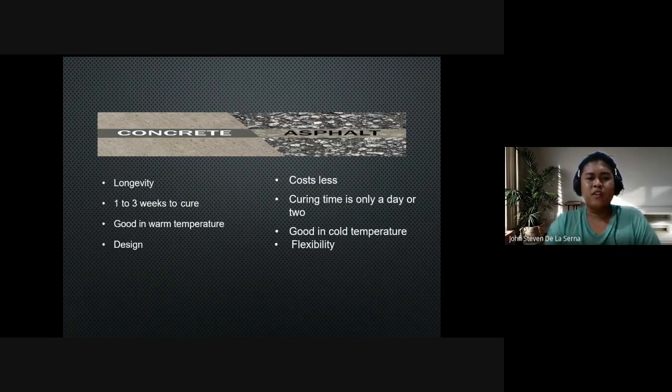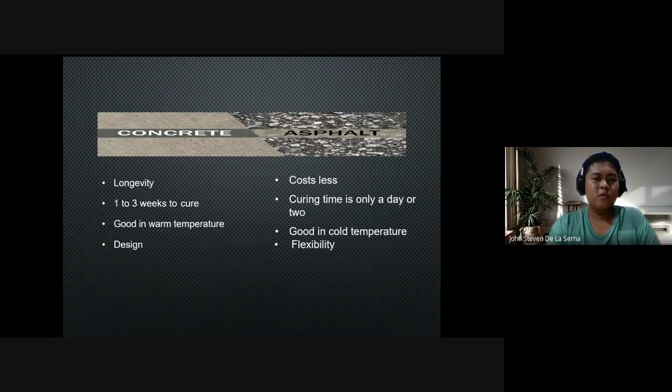Concrete versus asphalt. The main advantage of concrete over asphalt is its longevity. Concrete lasts longer compared to asphalt, but asphalt costs less, while concrete is very expensive.